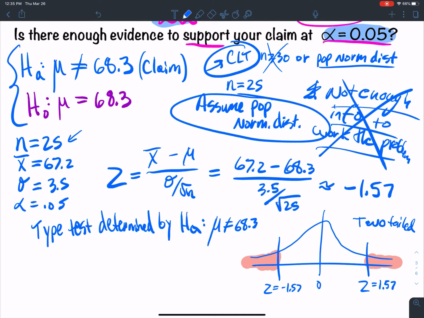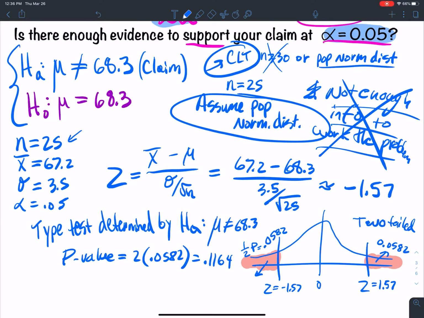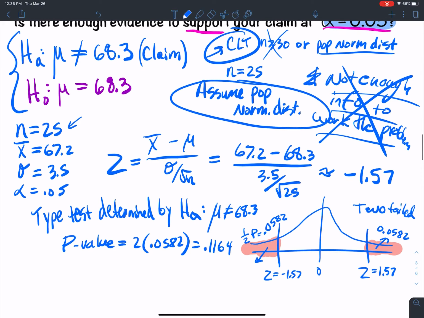Okay? So look up the z-score, go find the probability, the p-value over here, which is half my p-value over here. That's 0.0582. Now 0.0582 is over there, then 0.0582 is over here too. So what is my total p-value? My total p-value is 2 times 0.0582, which is 0.1164.